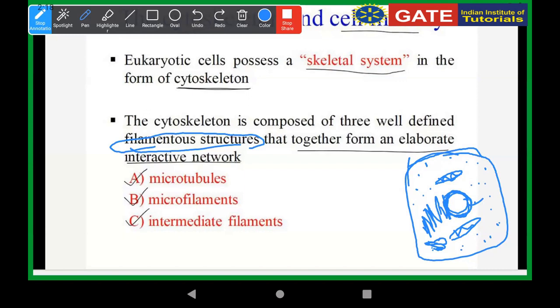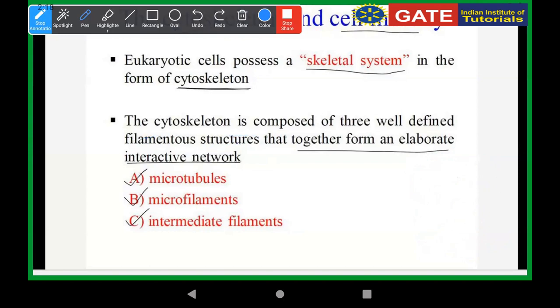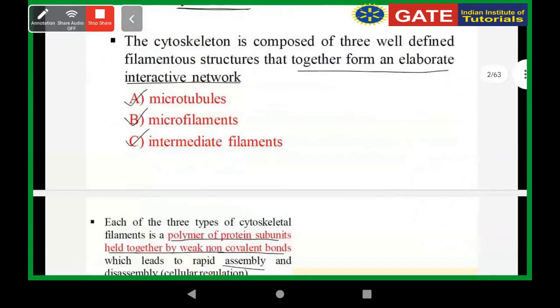Mark this. This is very important for the exam. Those 3 filaments are microtubules, microfilaments, and intermediate filaments. This is very important, students. Please remember, mark this.